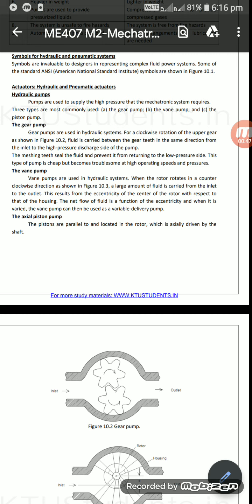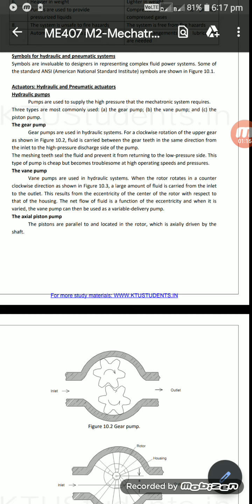So these gear pumps are used in hydraulic systems with clockwise rotation. These clockwise rotations drive the upper gear, as shown in the figure. See that, guys, in figure 10.2, the gear pump carries fluid between the gear teeth in the same direction, and the high pressure is discharged to the pump.